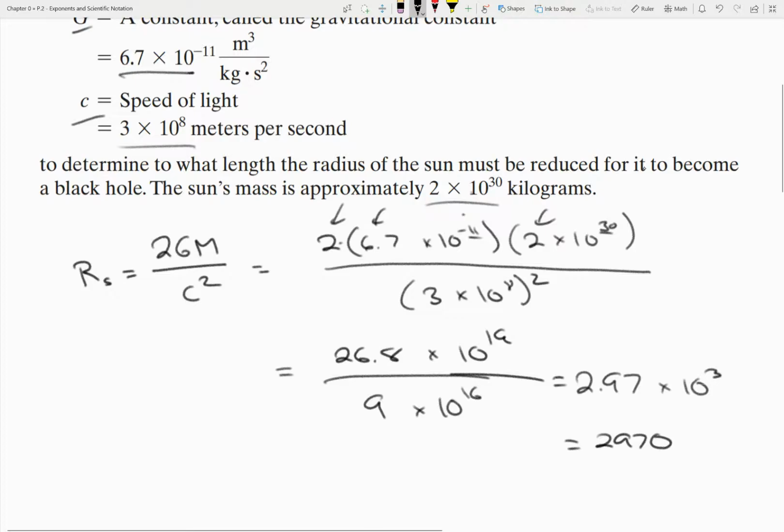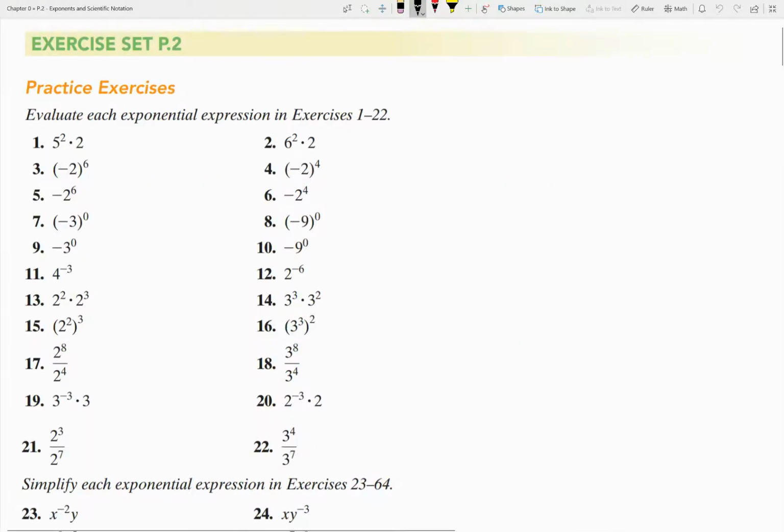Actually, this is 7 repeating, so that should be an 8 and an 8. Interesting stuff using scientific notation, but I believe that is the end of this section, and that is section P.2, Exponents and Scientific Notation.